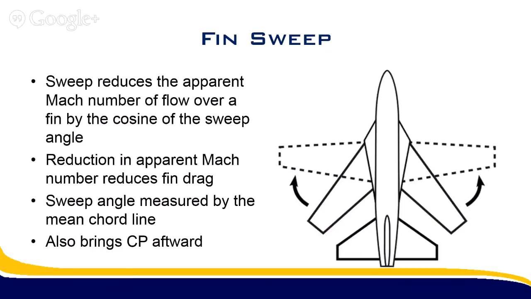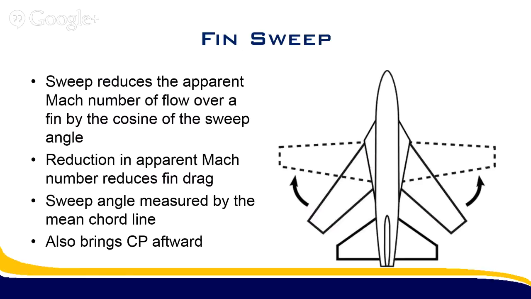Next thing, this is kind of more related to aircraft than anything, but the actual sweep of your fins. You may say, oh, all my fins are already swept, and that's probably mostly true.